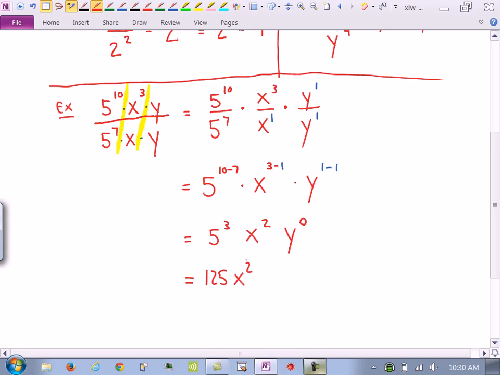It's gone. It's a 1, so I just leave it off. So my final answer is 125x squared. All right. No questions?